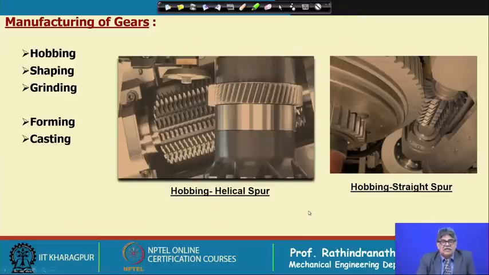Then obviously casting, where the speed is not high and the gear need not be very accurate, we can go for casting of gears, very slow speed gears, as well as we can go for milling. In this case we use a form cutter to generate the teeth, and sometimes cast teeth are also milled after casting.